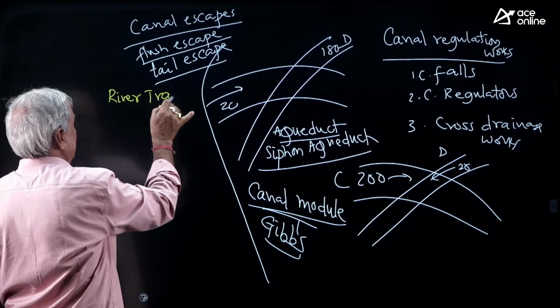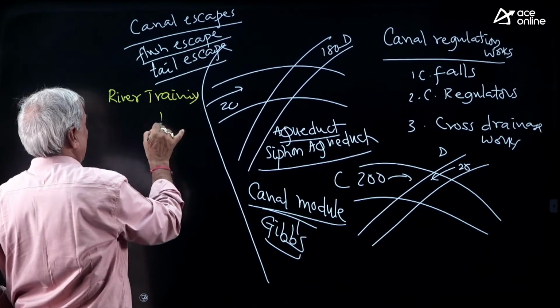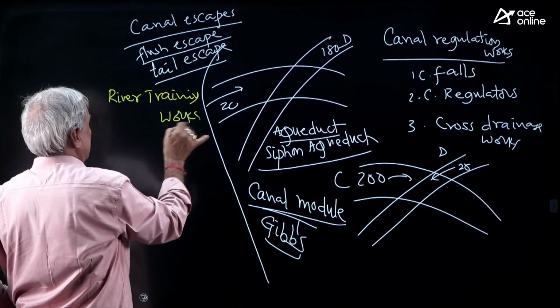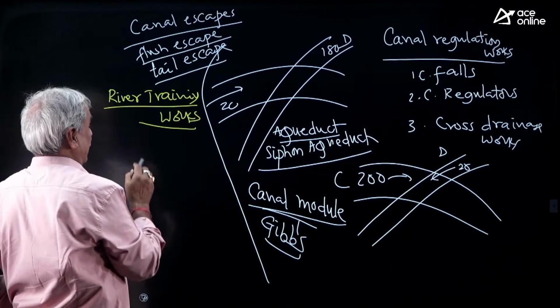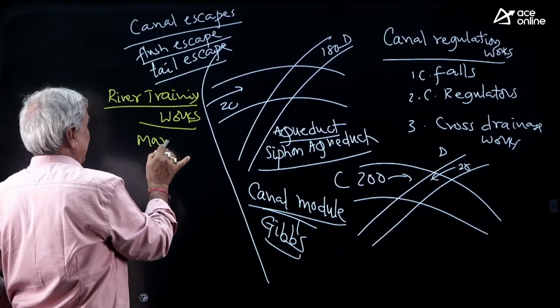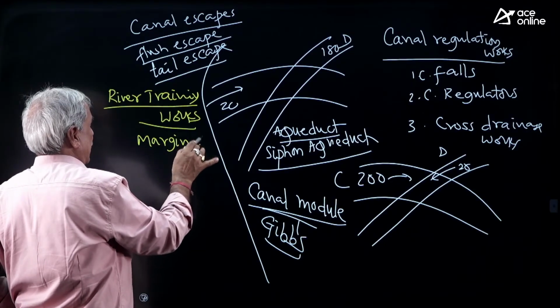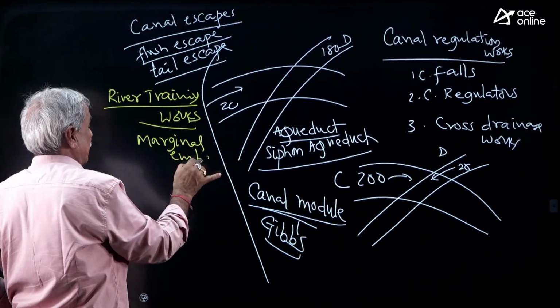River training works questions may be given. Then you have to observe what are the different river training works. Marginal embankments, you must know where they are provided, what is the use.